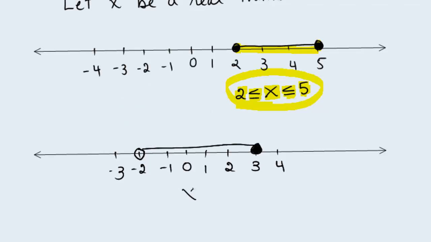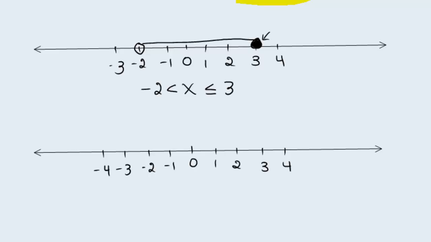So I write x, we're talking about all real numbers which are greater than -2. Notice I don't write the equal sign because there's an open circle here. And less than or equal to 3. Because of this less than or equal to sign, I darken the circle over here.